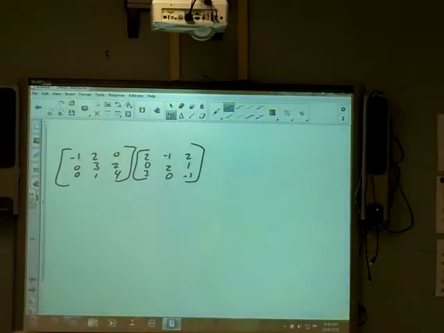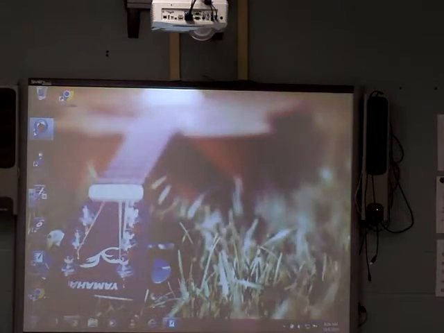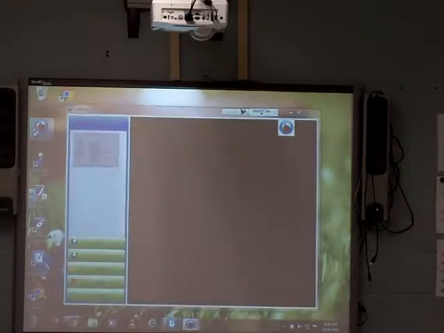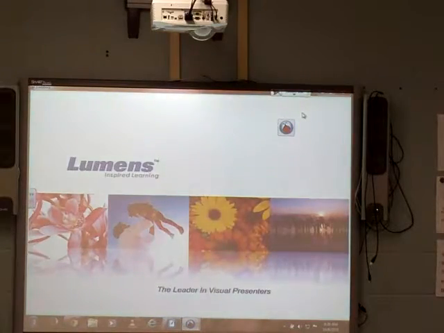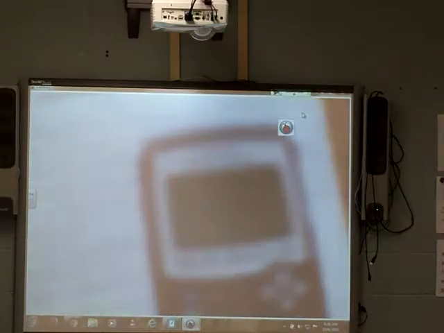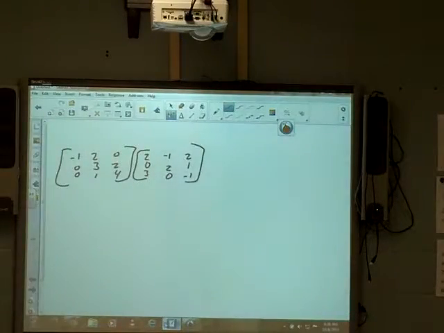To hit that in the calculator, let's see if old ladybug will work today. So I don't understand how you know what to multiply by on the. What do you mean, Bailey? Why was it 1 by 1 and 3 by 8?